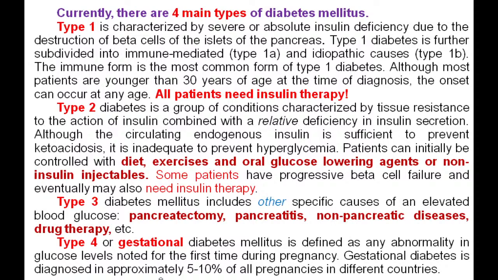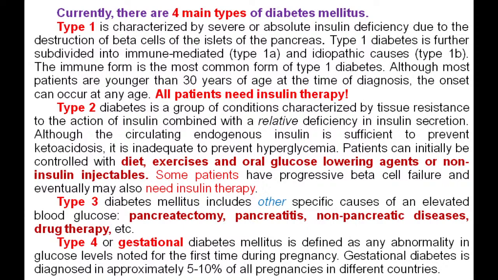Type 3 diabetes mellitus includes other specific causes of an elevated blood glucose, for example, pancreatectomy, pancreatitis, non-pancreatic diseases, drug therapy, etc. And type 4, or gestational diabetes mellitus, is defined as any abnormality in glucose level noted for the first time during pregnancy.